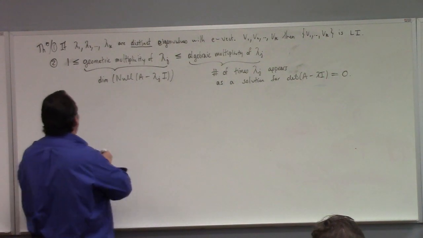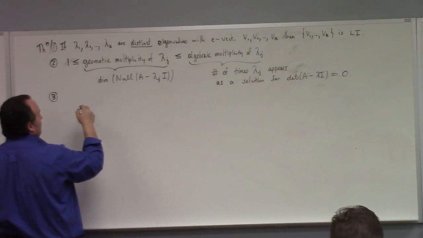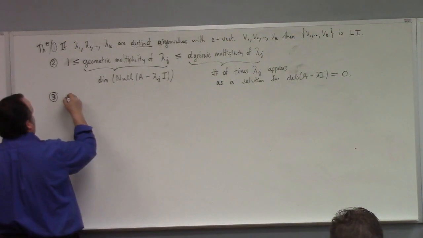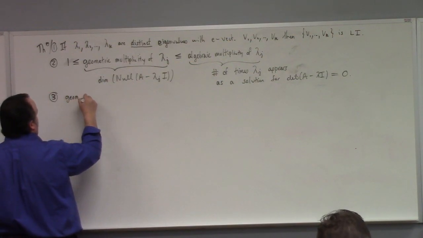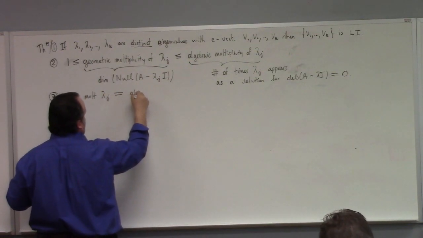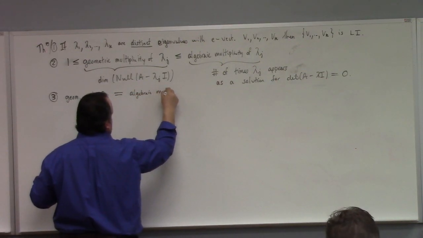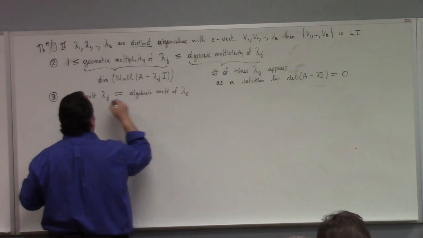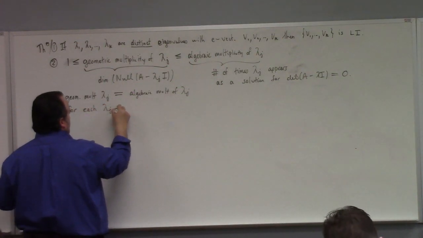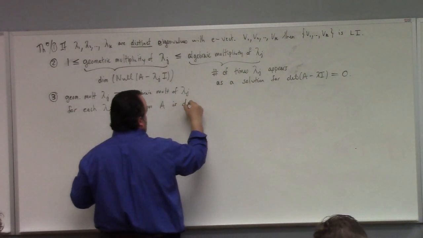All right. In step 3 here, which is a souped-up version of number 1, I'll just write it this way. If the geometric multiplicity of lambda j is equal to the algebraic multiplicity of lambda j for each lambda j in the reals, then A is diagonalizable.